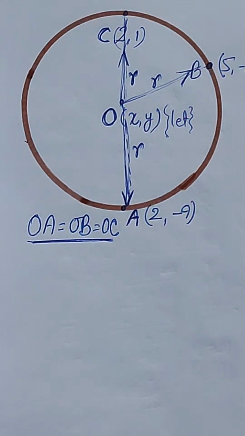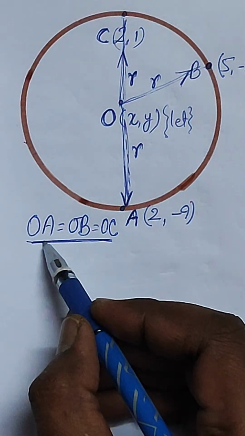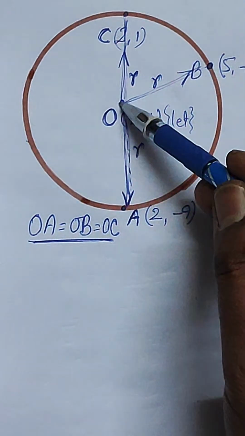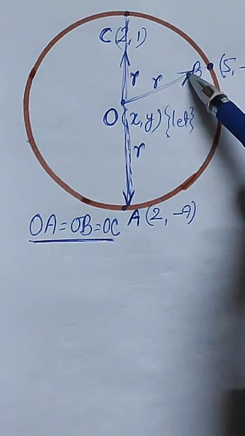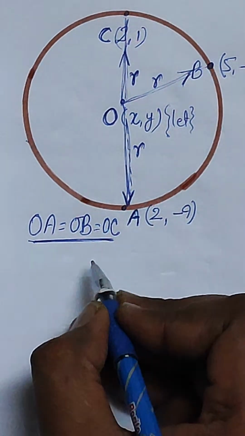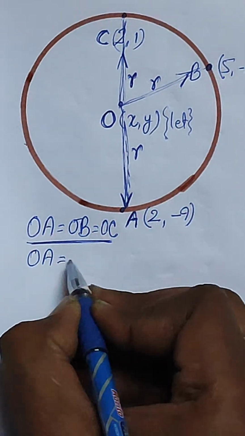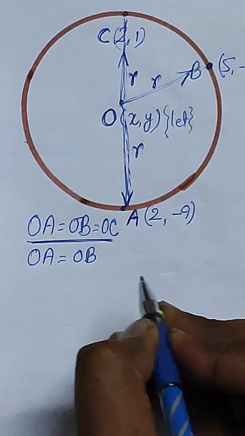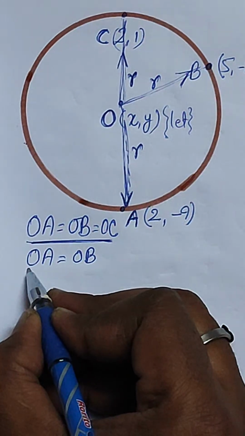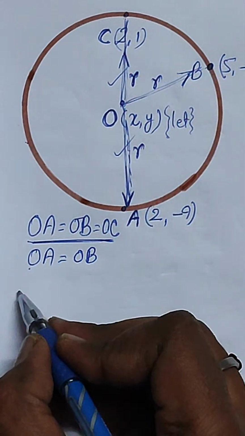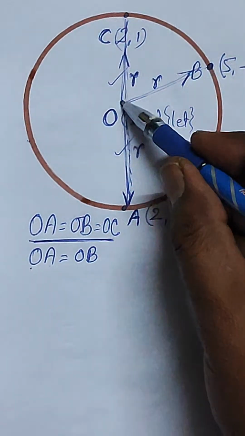Now, my dear friends, we use the distance formula to calculate the length of the radius. If OA is considered equal to OB, both of these radii will be equal.